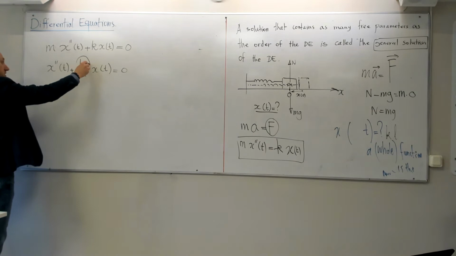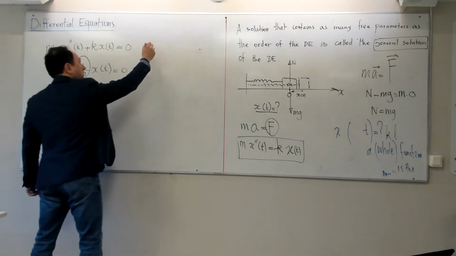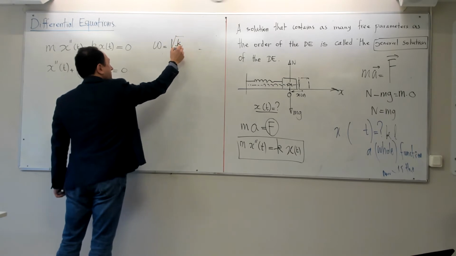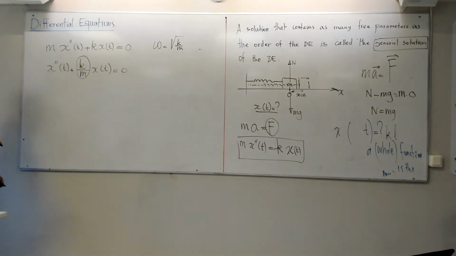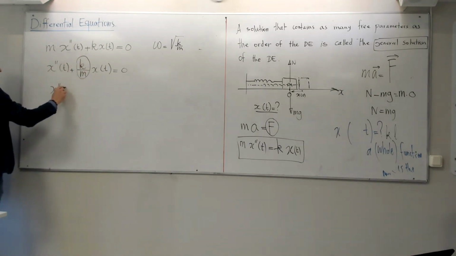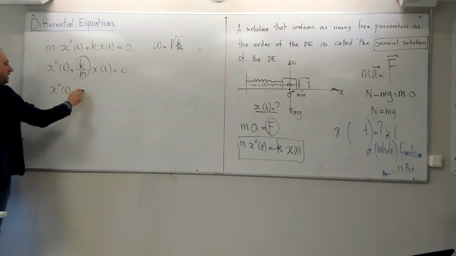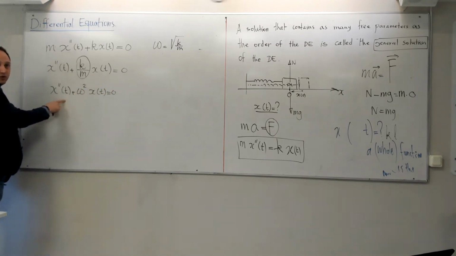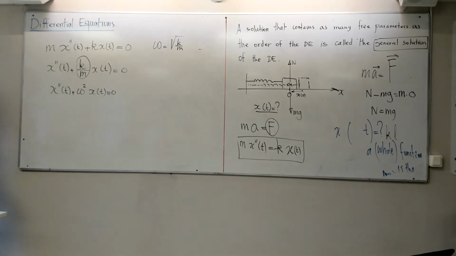And in physics, there is a symbol for that, called omega. This expression is omega squared. This is just a minor thing to make it look more beautiful, but essentially there is no difference from what I have written here.